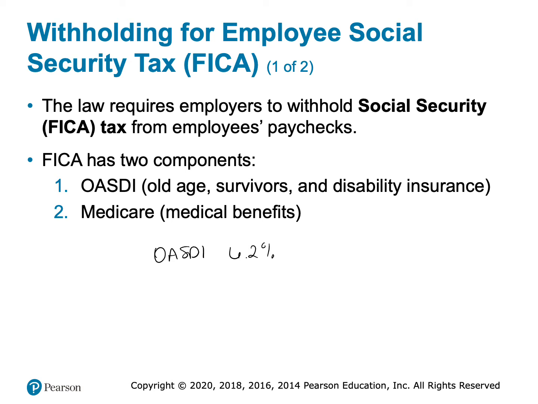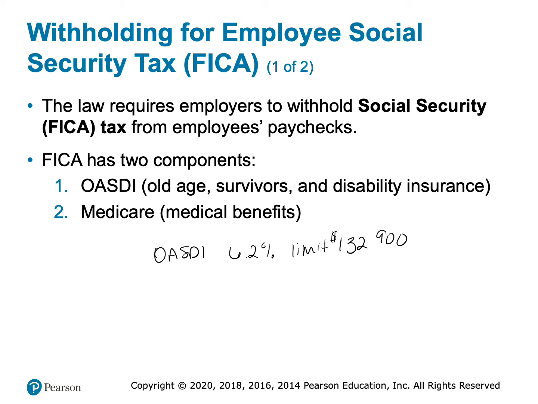So if you make over $132,900, you are only taxed on the first $132,900. Those are what they call the max earnings. So if you make less than that, then you're taxed on 100% of your earnings. If you make more than that, then you're only taxed on this much of your earnings.